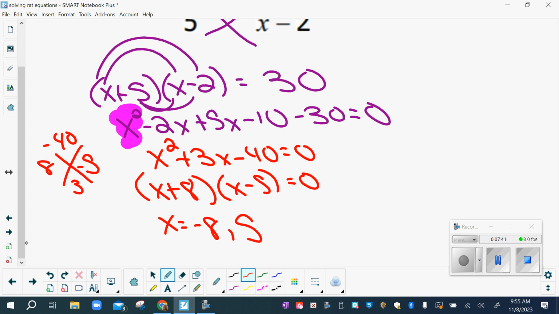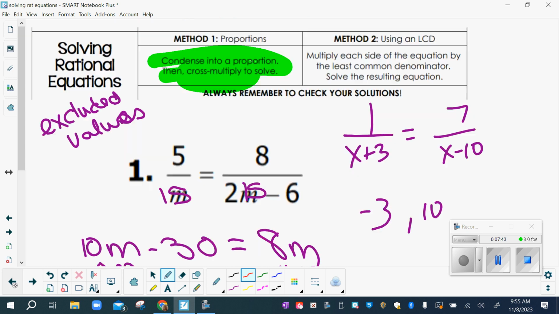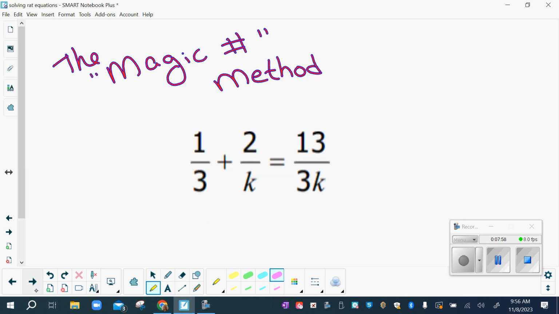That's way number 1. Way number 2 is where we multiply each side by the least common denominator. That is the fancy way to say it. Here comes the Mrs. Tarantino way. It is called the magic number method. If you had me last year, you'll remember that.